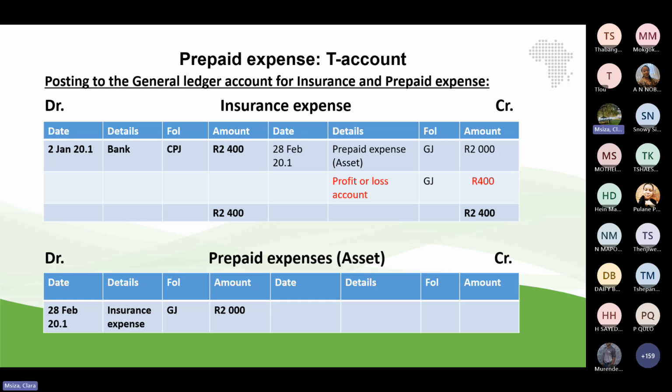Anyone who wants to attempt? You debit bank, you credit expenses and profit and loss account. You debit the CPJ transaction and amount. What is the CPJ transaction? Can you type this in there?